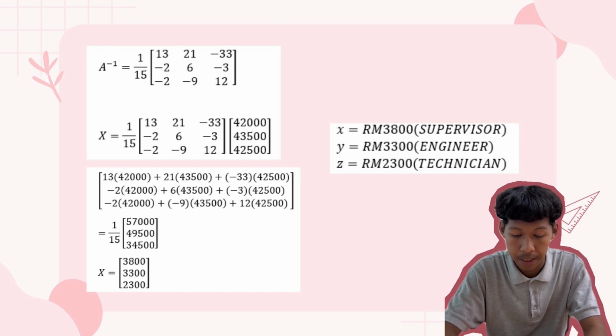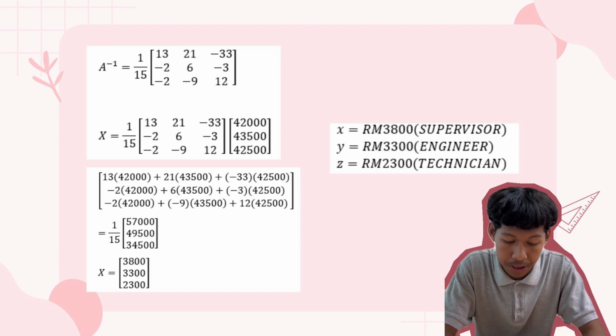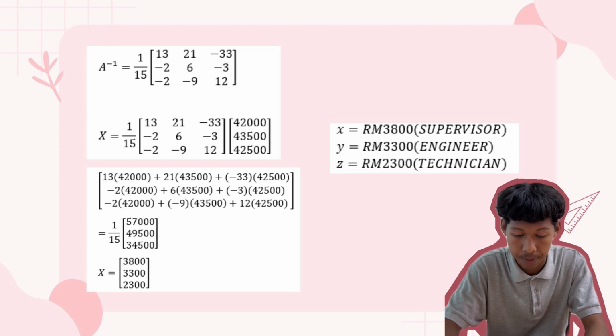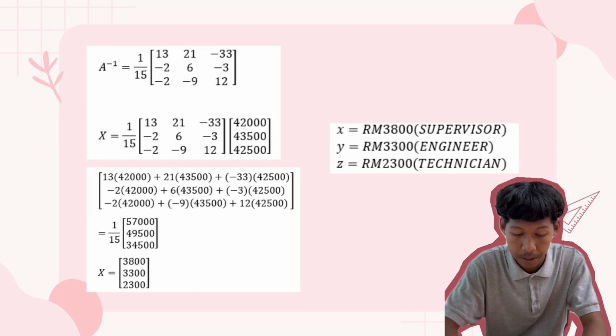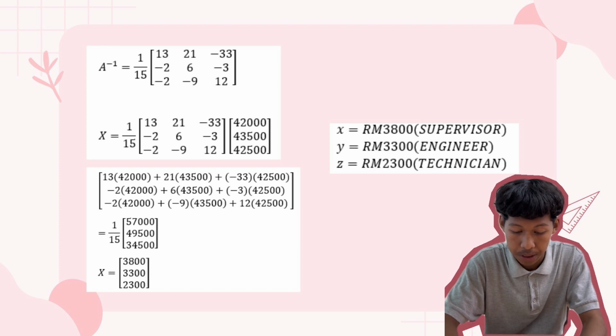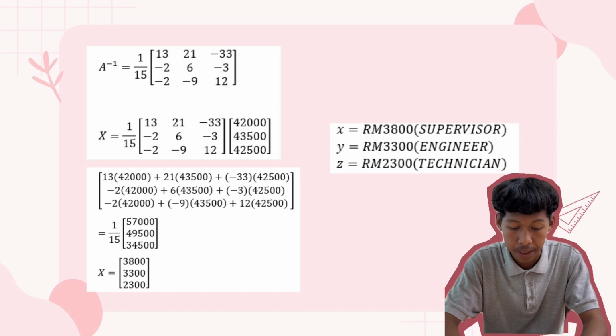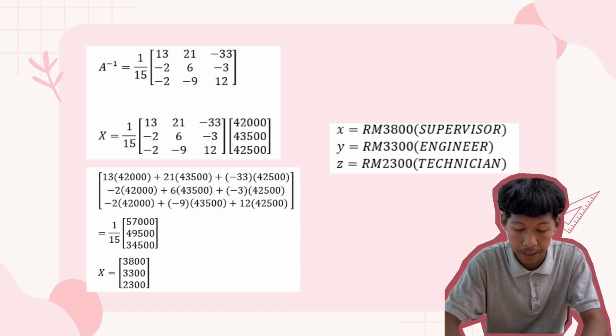final value, which is the 42,000, 43,500, and 42,500. Means we have to expand it 13 times 42,000 plus 21 times 43,500 plus negative 33 times 42,500, and we'll get the final value, which is 57,000.